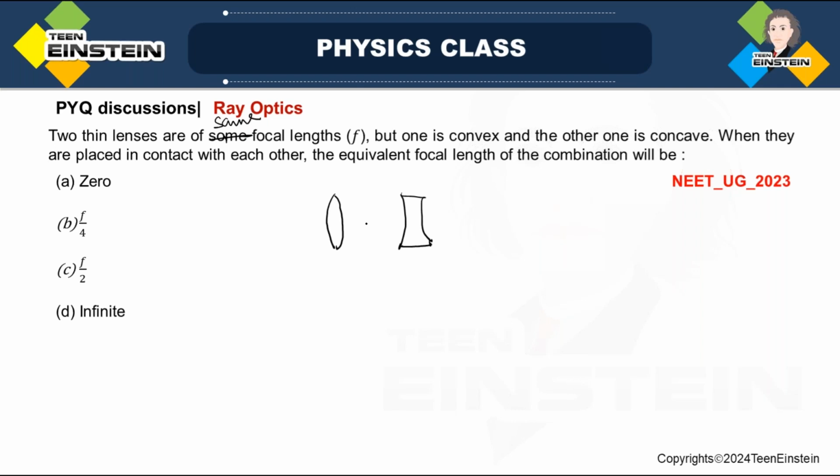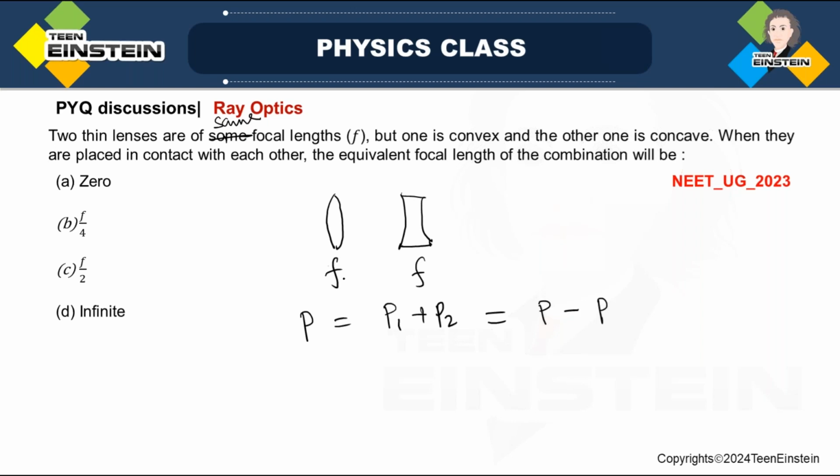If I keep them in contact, you can take a combination of two lenses, one concave, another convex. These are thin lenses, so find the equivalent focal length. We know the power in a combination of thin lenses is additive, so P1 plus P2. For convex the power is positive, and for concave it is negative.